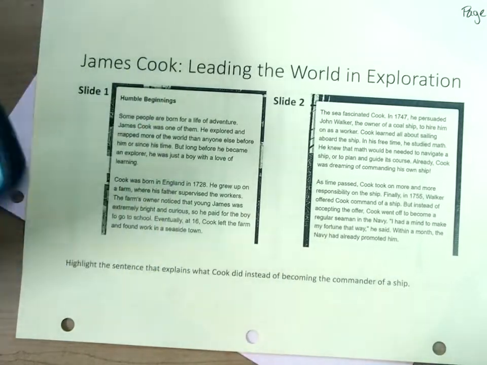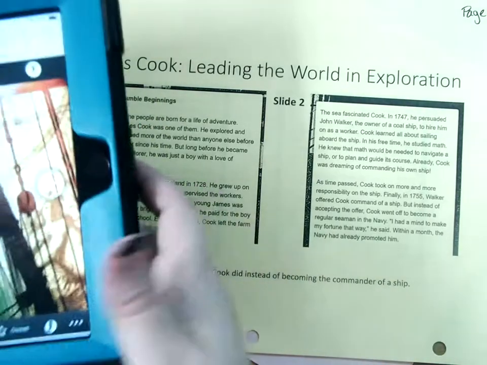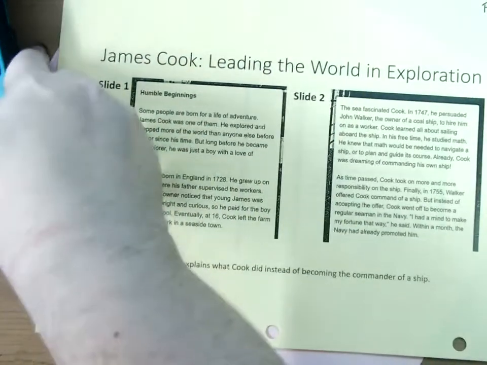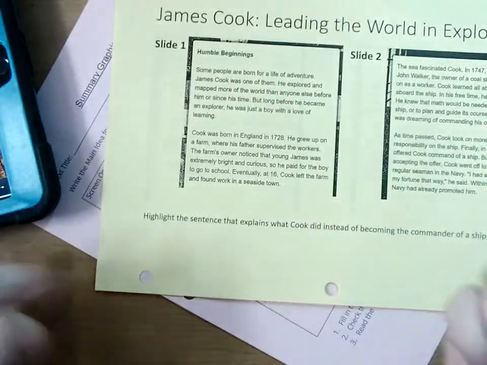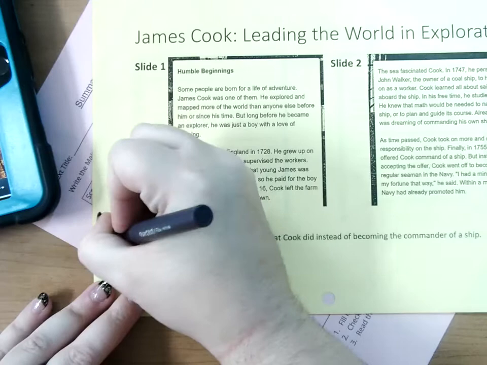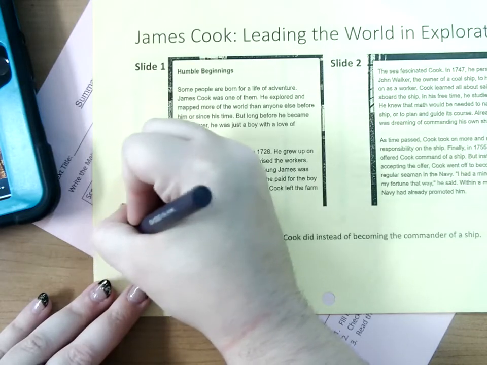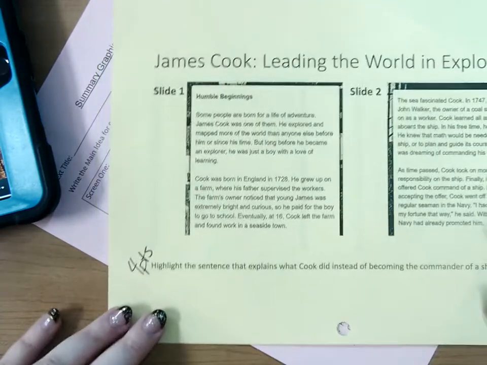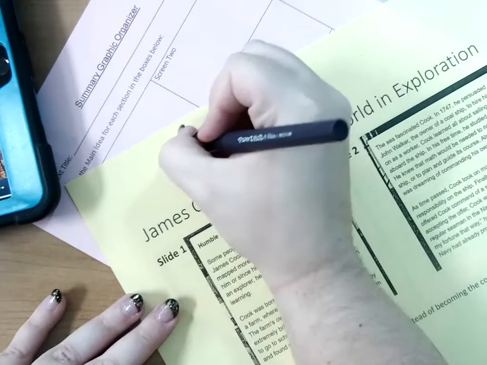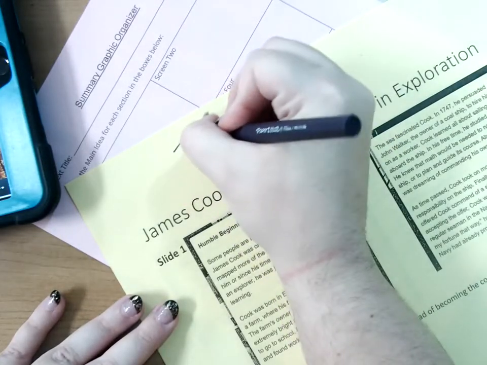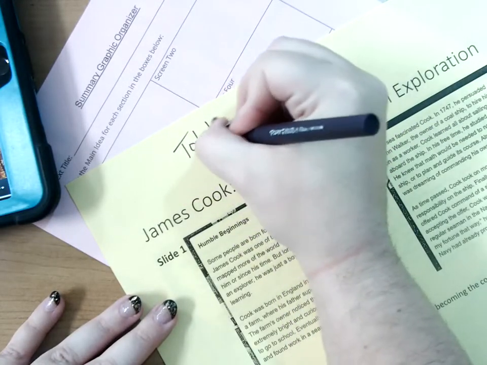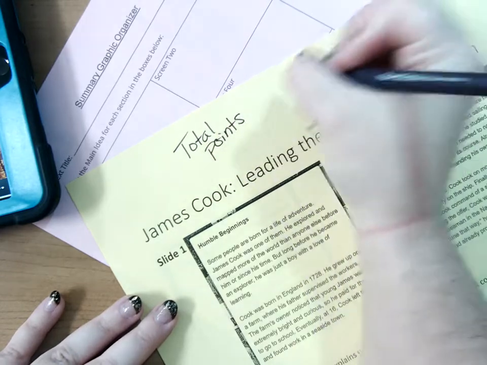Now, the reading checkpoints are graded. Okay, they do count for the grade. Each reading checkpoint is 4 points. All right, so the total interactive reader is 36.